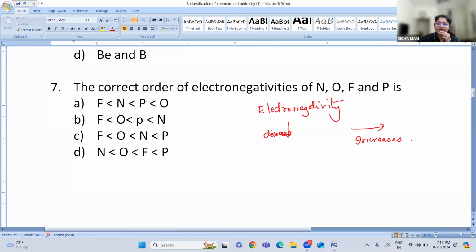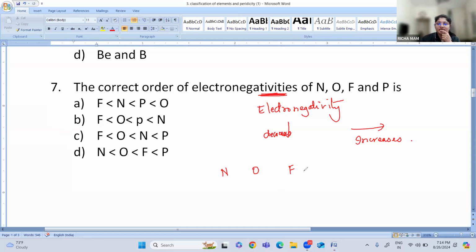Now see the placement of these elements: nitrogen, oxygen, fluorine, and here will be phosphorus. So we have to write the correct order of electronegativities.